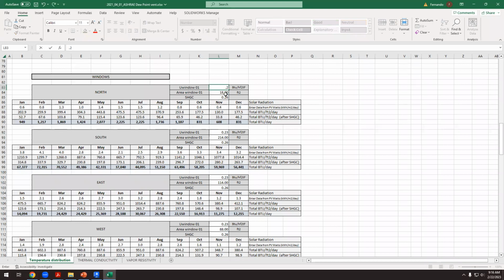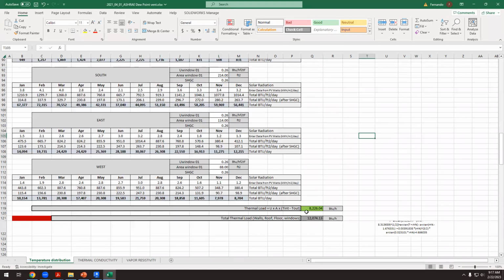If this is 0.26. Okay, we are getting there. This is 8,000, and according to Revit, we have 11,000.